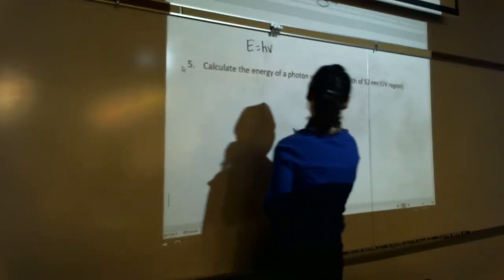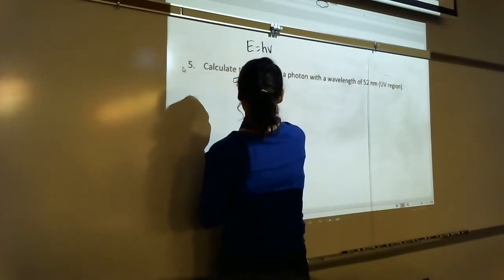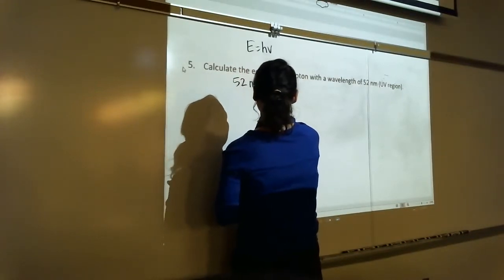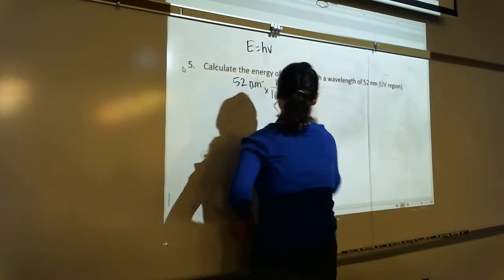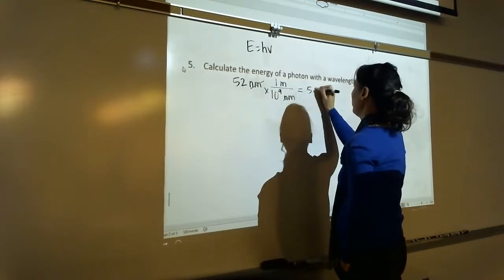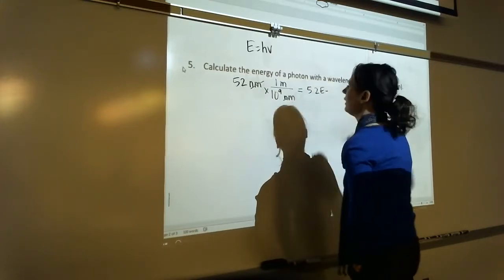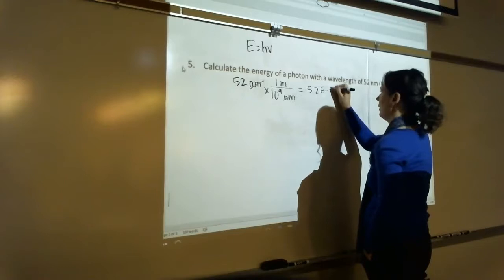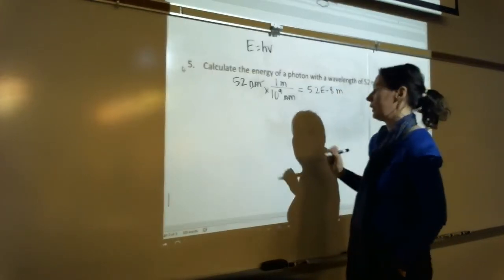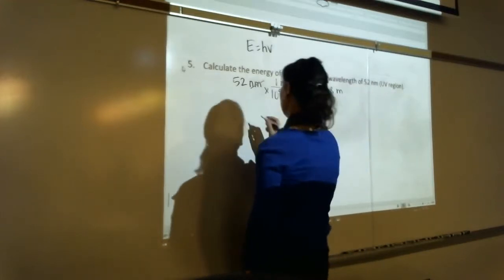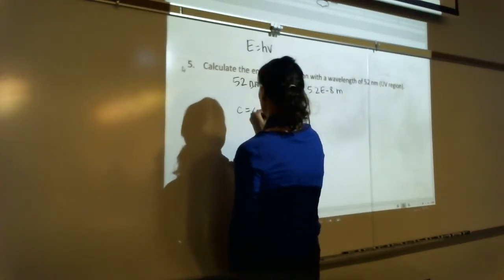So let's convert nanometers to meters. 52 nanometers, 10 to the 9th nanometers per meter. So what does that give us? 5.2 times 10 to the negative 8 meters. All right, now which formula are we going to use to get frequency? c equals lambda nu.